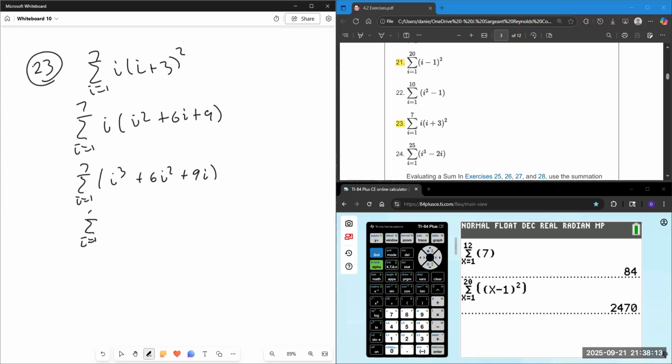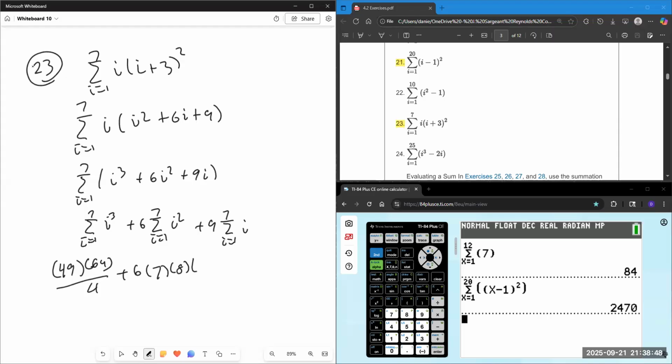Summation i equals 1 to 7 of i cubed plus 6 summation i equals 1 to 7 i squared plus 9 summation i equals 1 to 7 of i is 7 squared, which is 49, times 8 squared, 64, over 4 plus 6 times 7 times 8 times 15 over 6 plus 9 times 7 times 8 over 2.